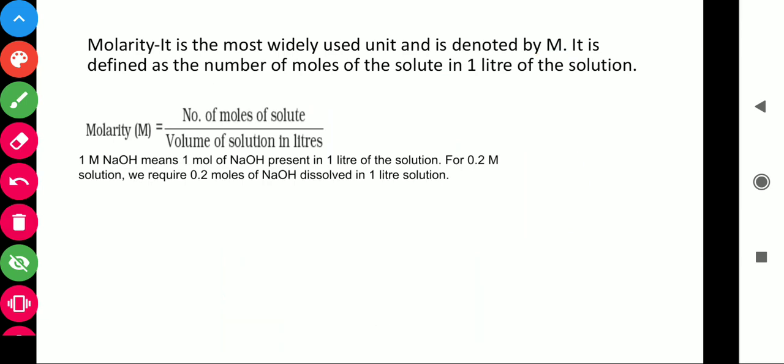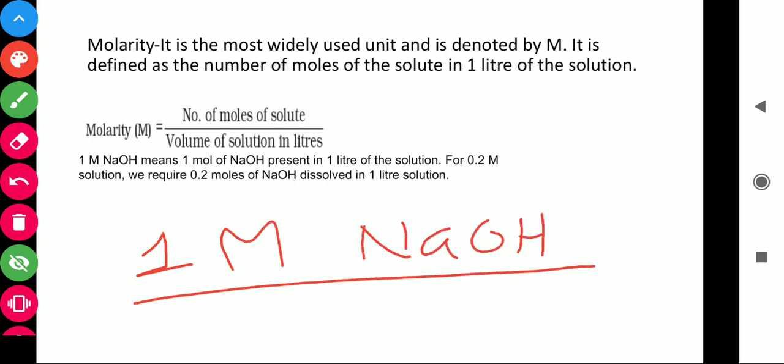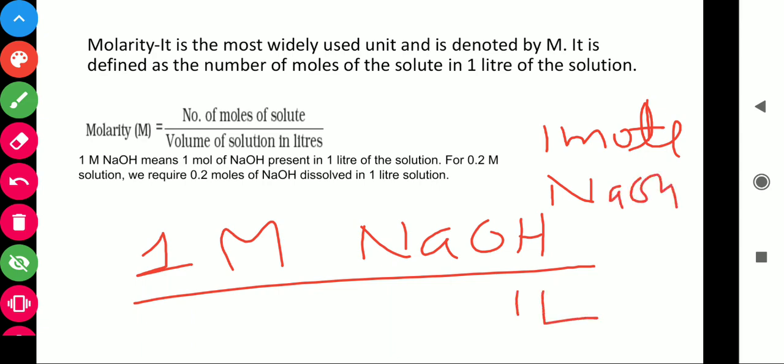First we will discuss this. If we are given 1 M NaOH solution, what is its meaning? Its meaning is 1 mole NaOH is dissolved in 1 liter solution.